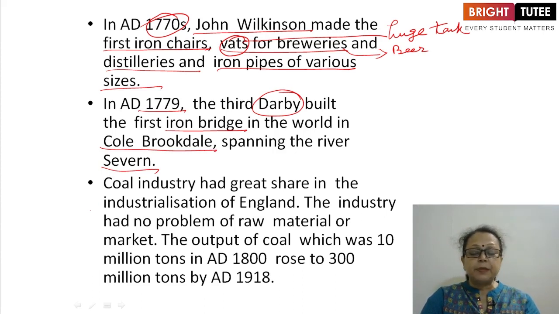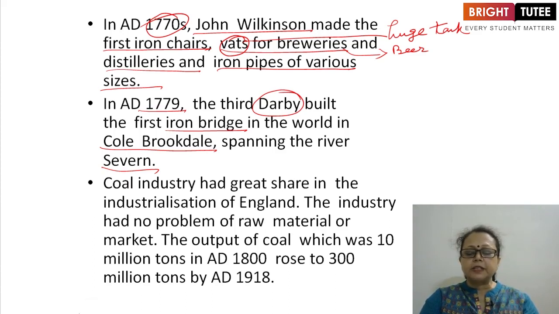First, Darby developed coking for smelting. Coking coal was taking lots of time and the purity was not coming like that, so he developed charcoal for the smelting processes. This is the third Darby. He built the first iron bridge in the world, spanning the river Severn.